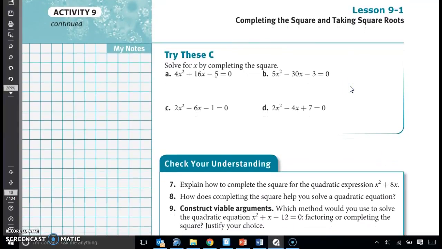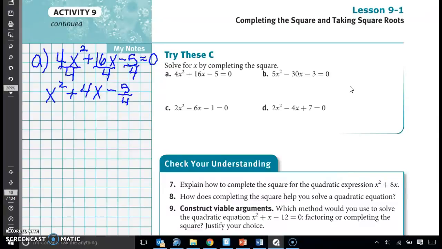So we're going to look at A. Alright, so step 1, divide by 4, right? To get our leading coefficient as 1. So we're dividing everything by 4. So x squared plus 4x minus 5 over 4.